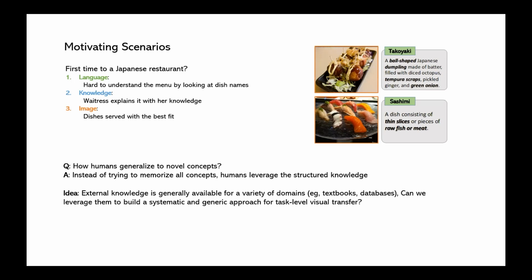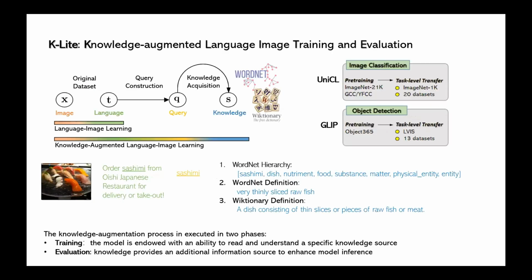External knowledge is generally available in different domains, for example, domain-specific data sets or textbooks or instructions. Can we treat them as external knowledge and build a systematic and generic approach to leverage this external knowledge for the task level transfer?